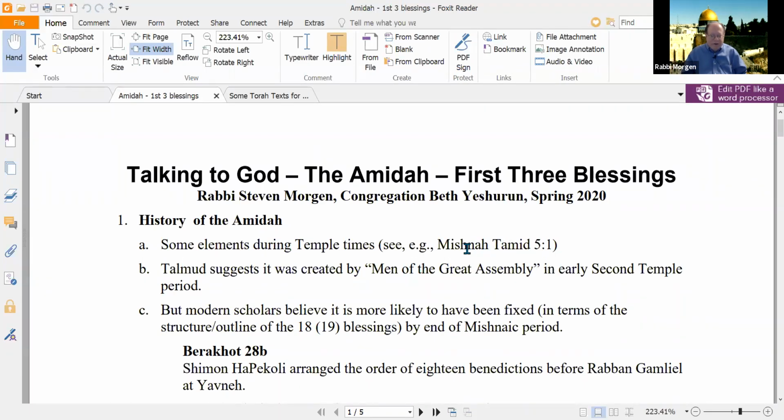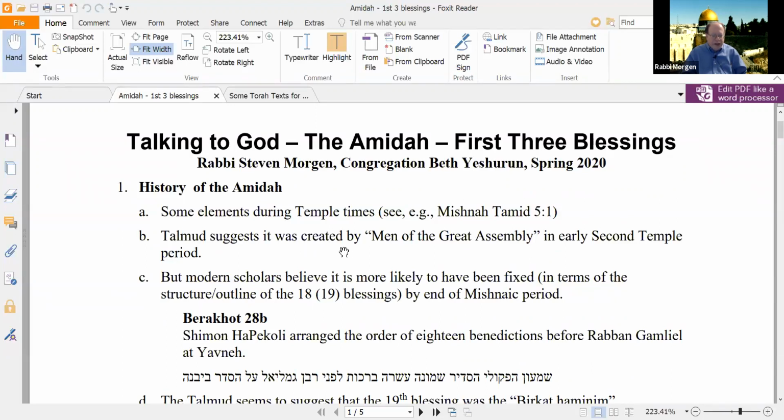And instead of asking God to accept our sacrifices, we ask God to accept our prayers. Ritzei Adonai Eloheinu b'Amcha Yisrael uv'tfilatam. Be satisfied with your people and with their prayers, because we can't be in the temple to offer you real sacrifices. So those elements from early temple times get incorporated into the Amidah.